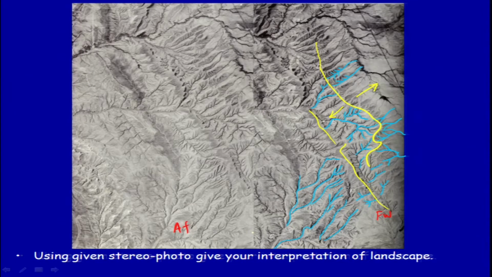And you will be able to pick up the divide, that is the watershed, or if this is a fold, then you are able to see the hinge line of the fold.